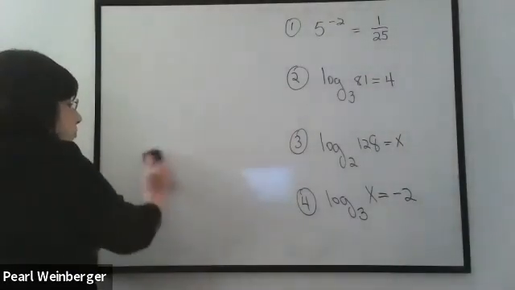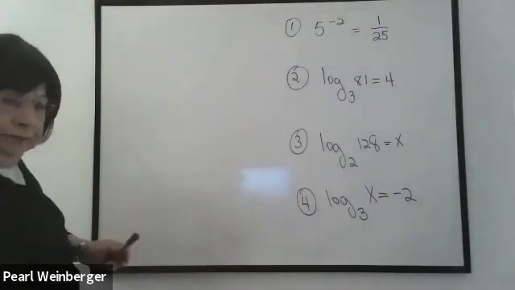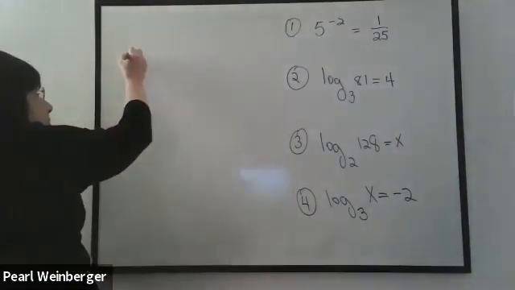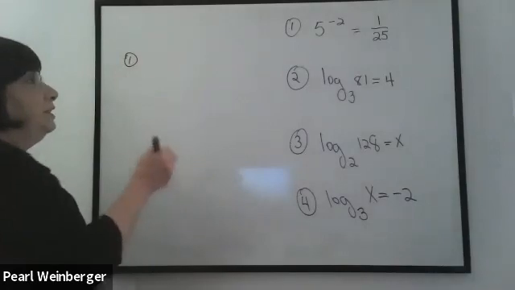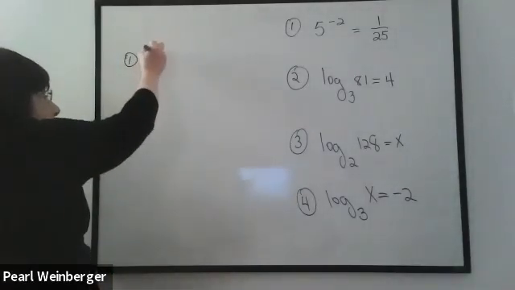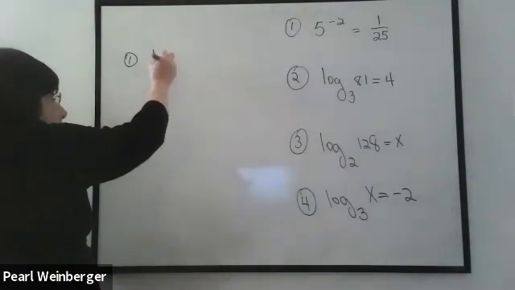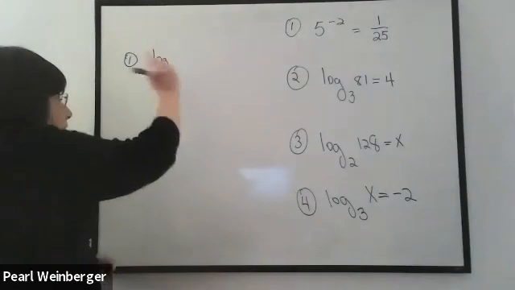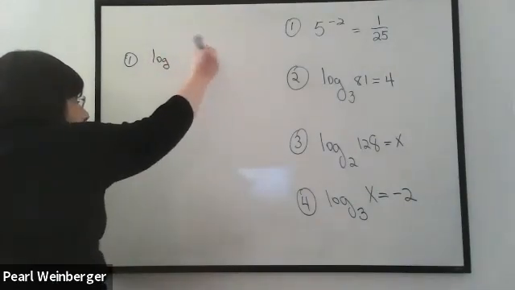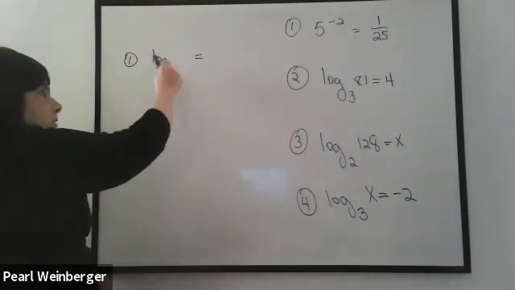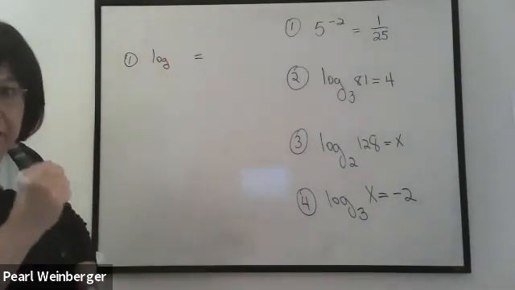So the first 2, we just want to change their format. The first one is written in an exponential format. So we want to change that to logarithmic format. Okay, remember the basic thing is we have a log with a subscript, a number over here, the three numbers, an equal sign, and a number on the other side. The subscript is always the number that is the base.